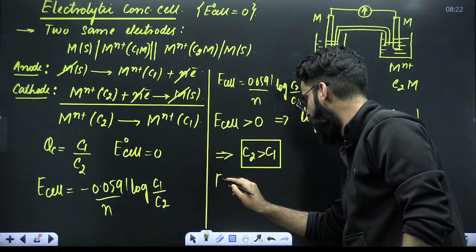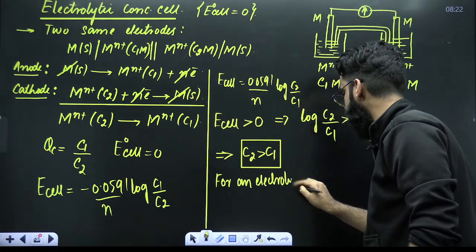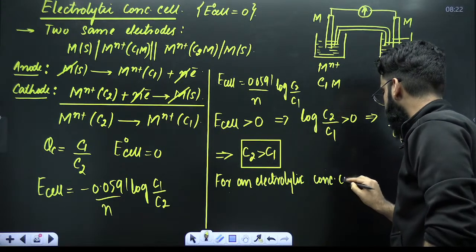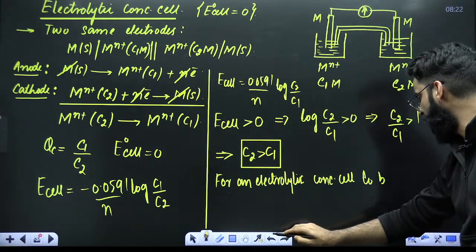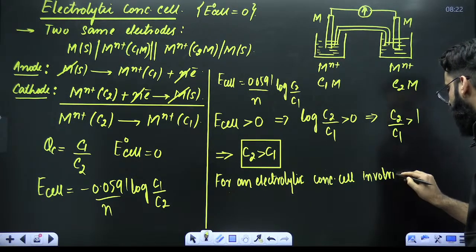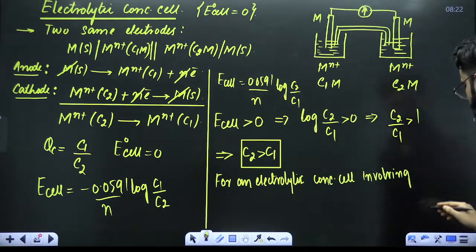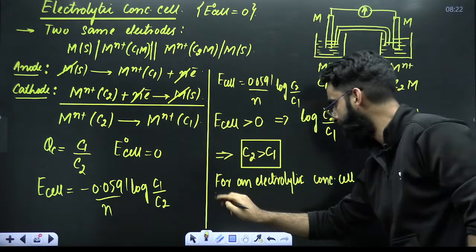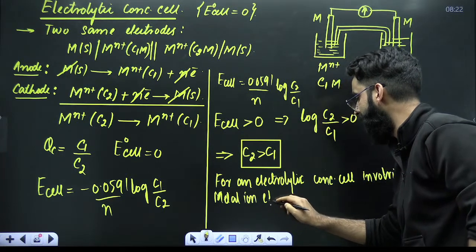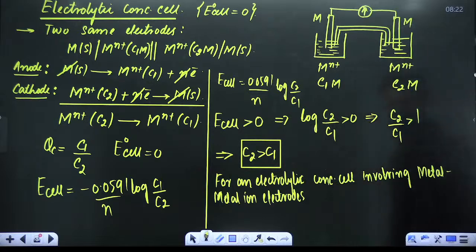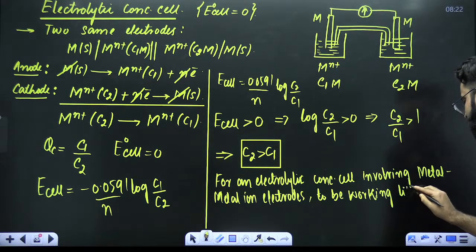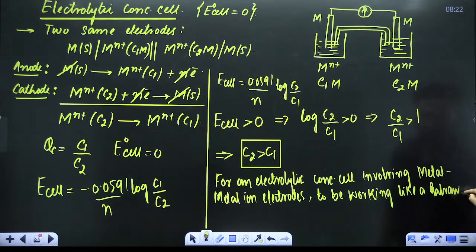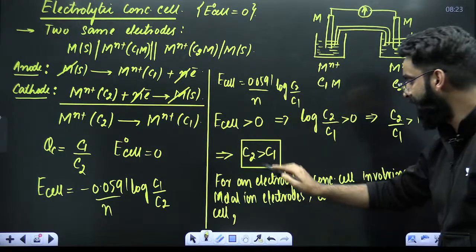I'll write: for an electrolytic concentration cell involving metal, metal ion electrodes to be working like a normal galvanic cell, in which current is from cathode to anode, the C2 value should be greater than C1.